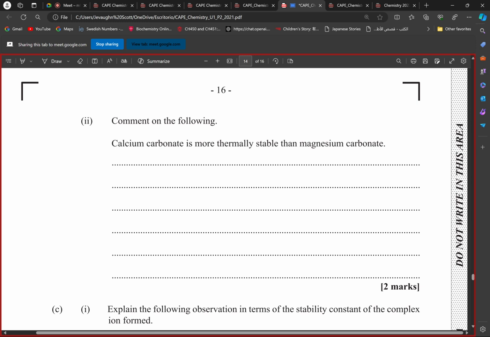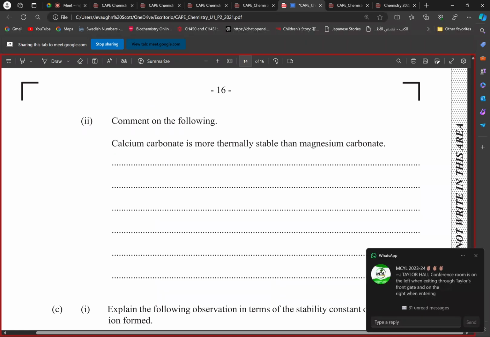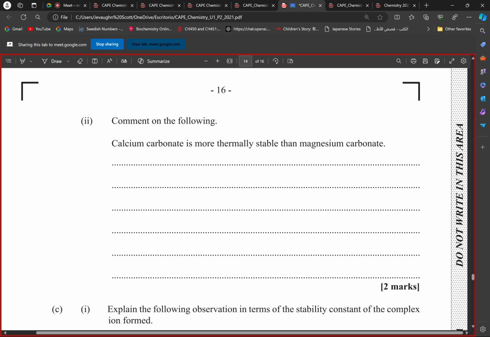Okay, so thermal stability speaks to whether or not the substances will decompose under high temperatures, right? The main thing that determines thermal stability would be the cation size and the charge density. Why the cation size? Because both of them are carbonates, so anion size will not matter in this case.